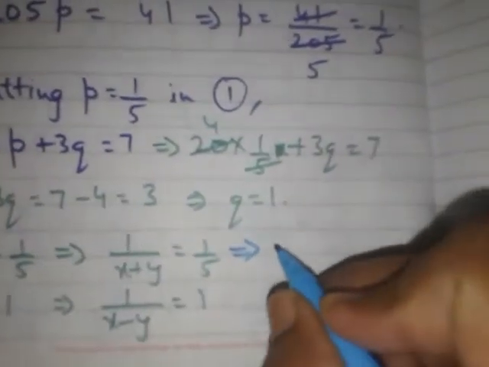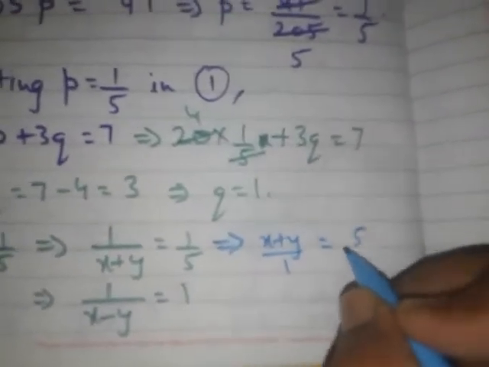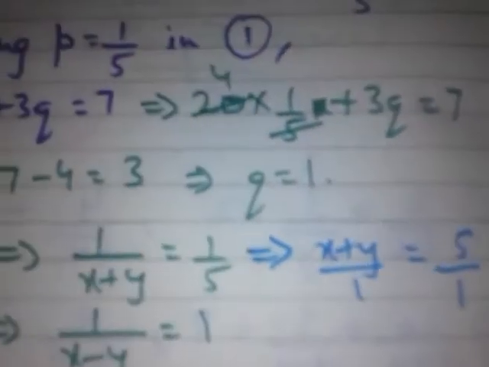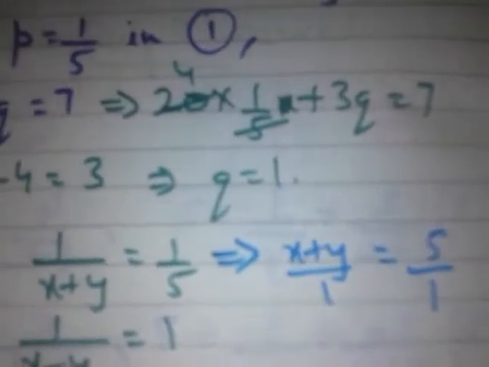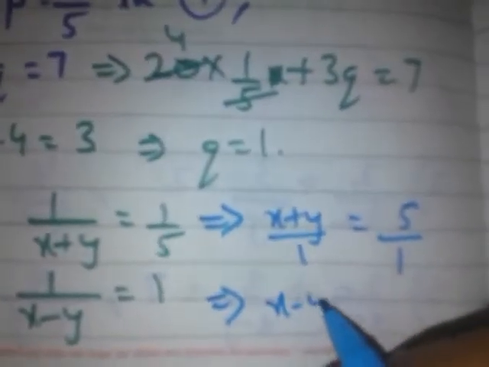This becomes x plus y upon 1 is equal to 5 upon 1, and here also x minus y upon 1 is equal to 1. Do you understand this? I have not done anything else; I have just reciprocated both sides, upside down.